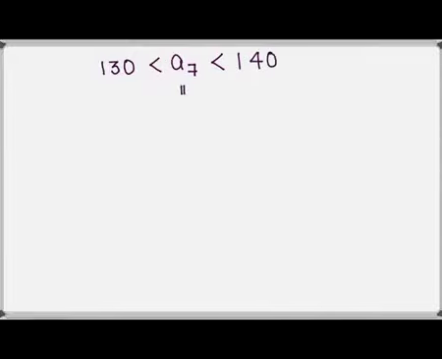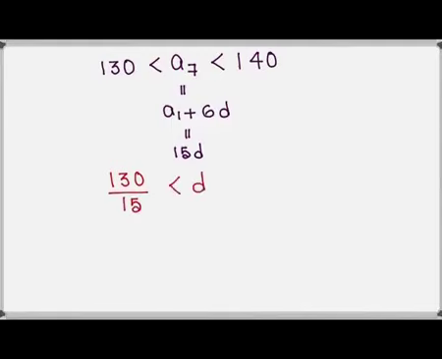Now A7 is A1 plus 6D, and as A1 is equal to 9D, we get A7 is equal to 15D. So therefore we have 130 divided by 15 is strictly less than D, and D is strictly less than 140 divided by 15.